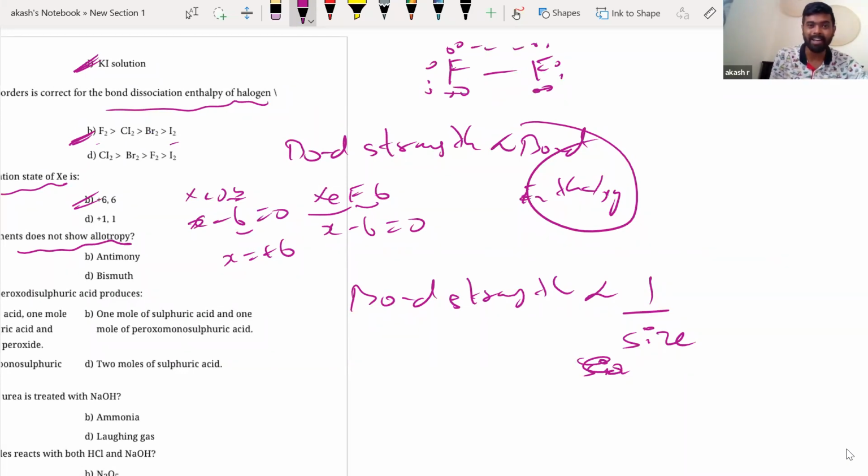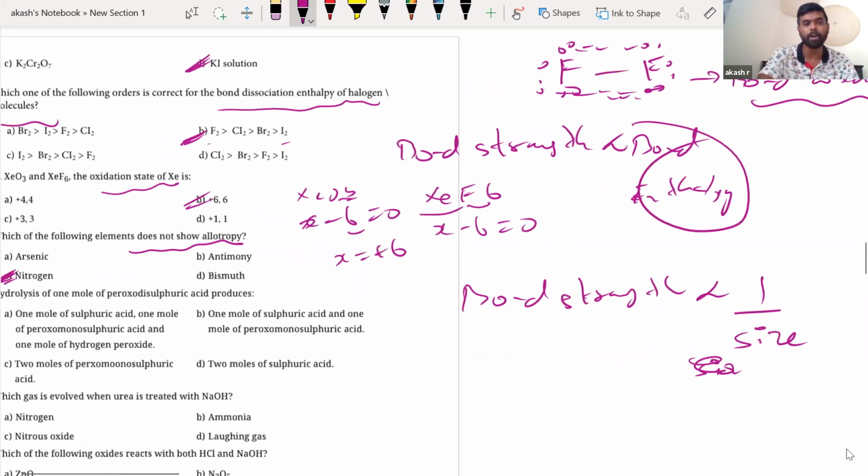So I can have a repulsion between these lone pairs. Since fluorine is very small, these electrons are very close by, so there is repulsion between them. That makes the bond weaker.